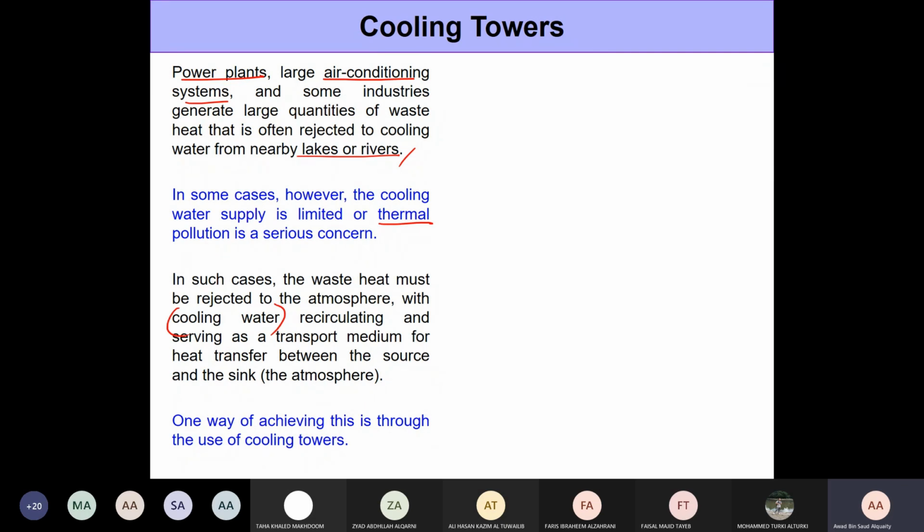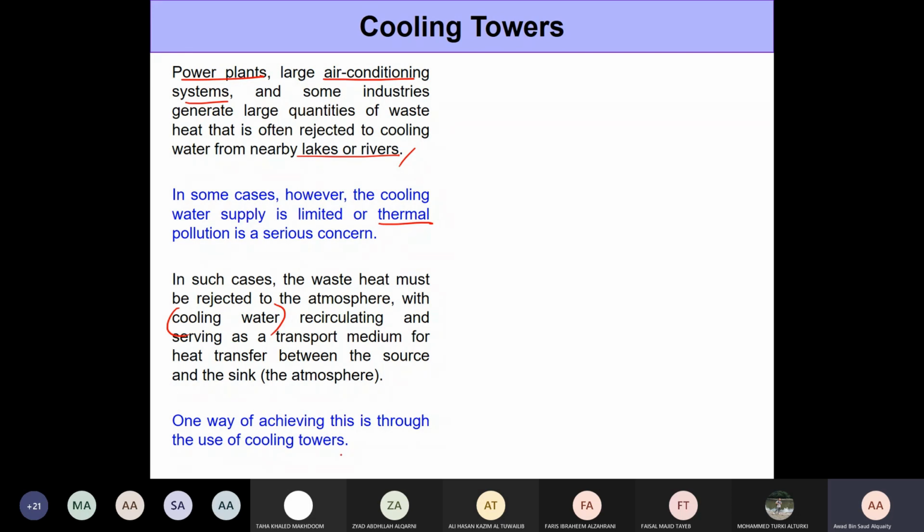We send water into the condenser, and it gets hot because of heat rejection from our working fluid, whatever it is. Then you send this hot water either to a cooling tower or to some sort of heat rejection system where you reject heat from the water. There are several ways of cooling water, of course.